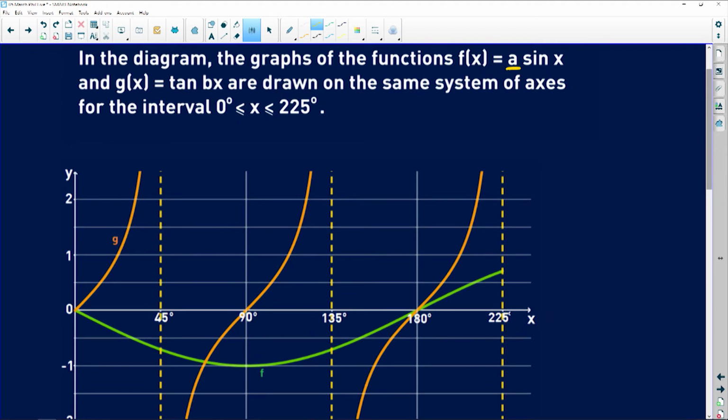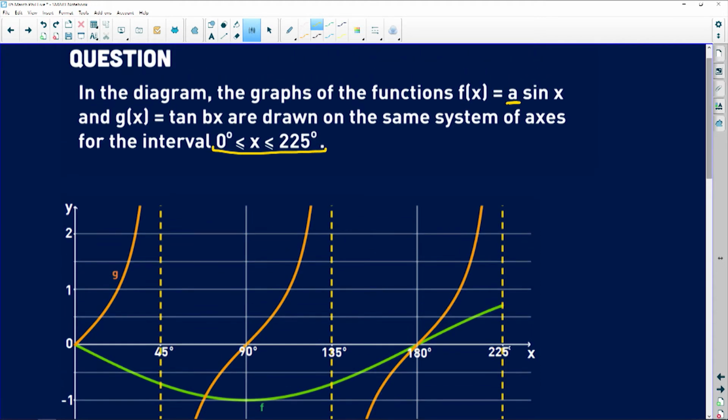And g of x is equal to tan of b of x, or b times x, are drawn on the same system of axes for the interval x is greater than or equal to 0 and less than or equal to 225. Guys, when you get a question like this, go and double check that you know what the mother graph should look like.